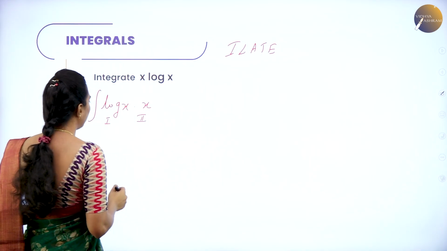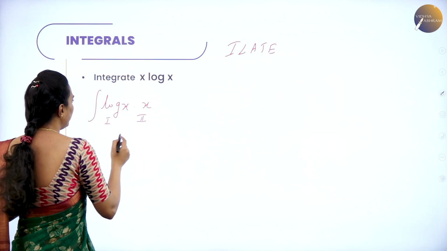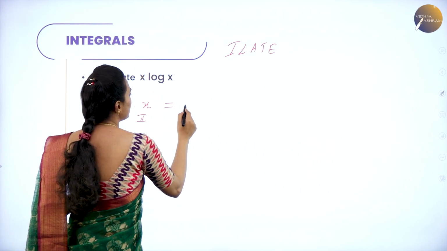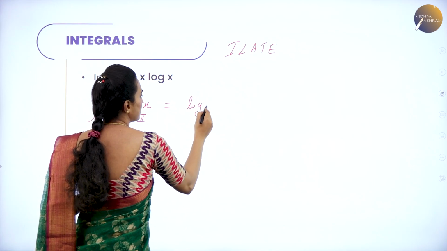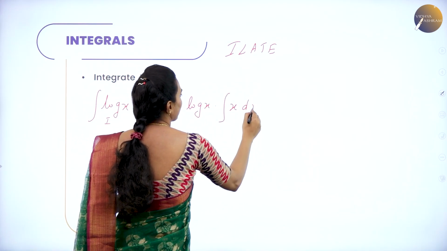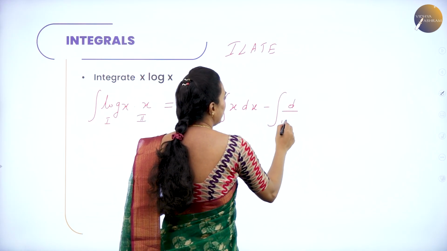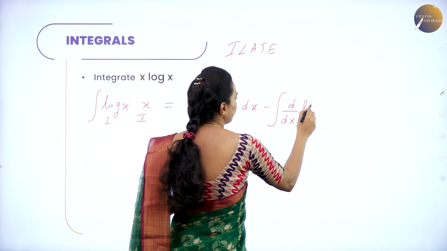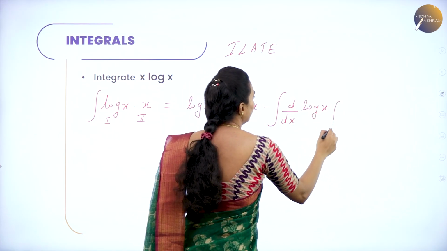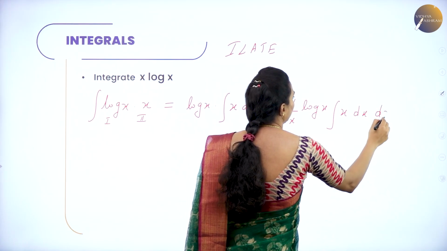Therefore, according to the formula, let me remember the formula. So you are going to have first function into integral of second function, isn't it? Minus integral of d by dx of first function into integral of second function into dx.